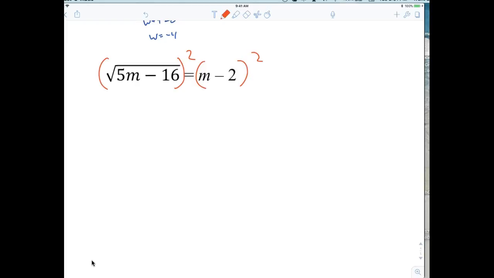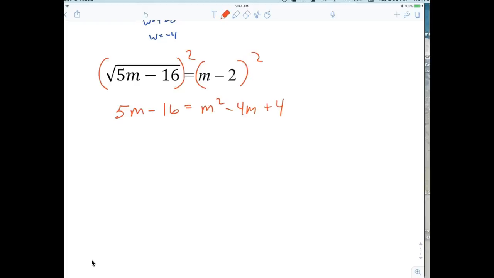It becomes just 5m minus 16. Now I gave you a pattern. Let's see if you learned the pattern. What is m squared? The middle term would be what? Negative 4m. Yes, very good, guys. Negative 4m, and then what? Plus 4.